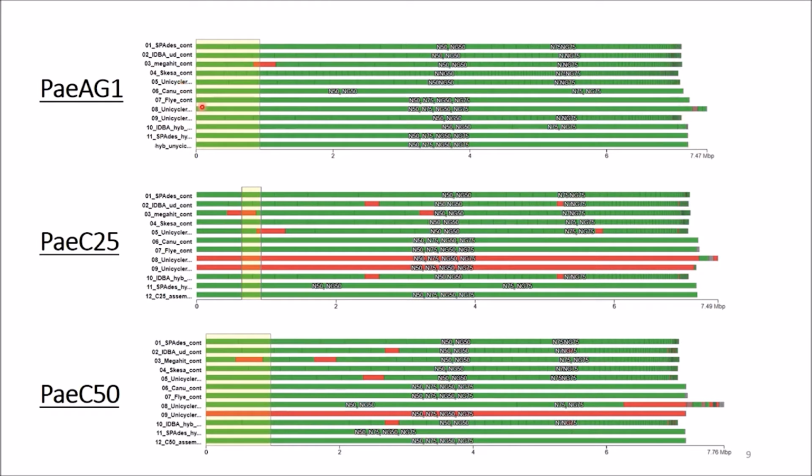An exception is Unicycler for long-reads-only approaches, and this feature is consistent not only for AG1 but also for C25 and C50, as we can see here. The values for N50 and NG50 are similar for most of the assemblers in all the cases.